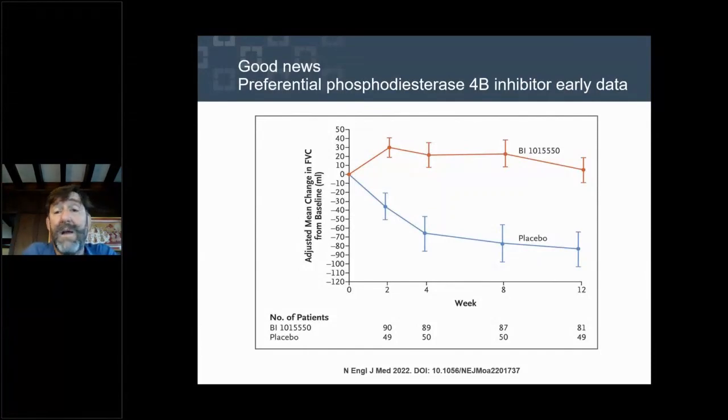So some of the people were on no other agents, some were on pirfenidone, some on nintedanib. They were randomized to be equal across the treatment and placebo group, as you should do. So what's even more amazing is that this is in addition to those other agents. This could be fabulous. Everyone should be really excited.